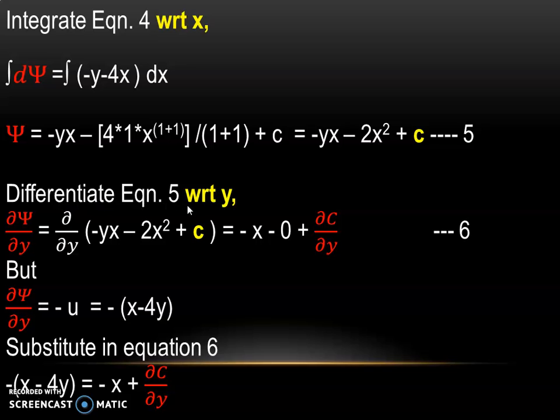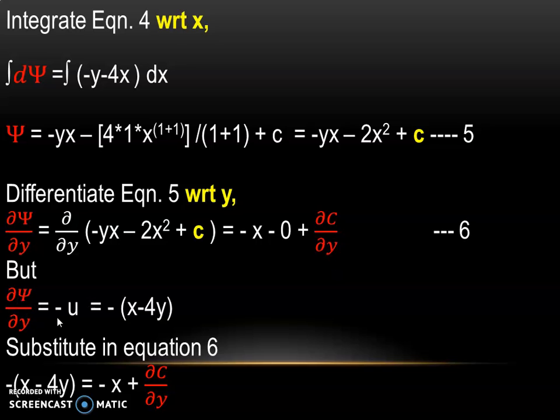Now differentiate equation 5 with respect to y. So ∂psi/∂y is equal to ∂/∂y of minus yx minus 2x square plus c. Differentiation of the first term with respect to y will be minus x, differentiation of the second term will be 0, and differentiation of the third term will be ∂c/∂y. Let this be equation number 6.